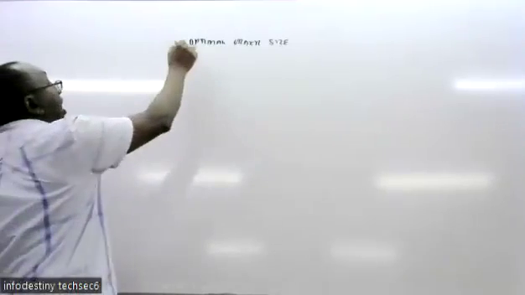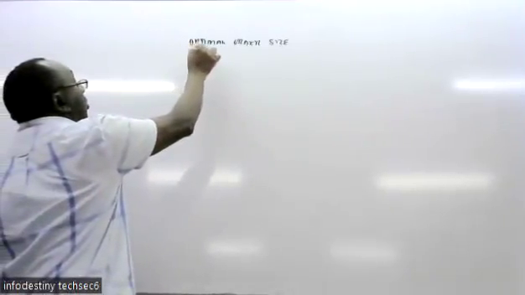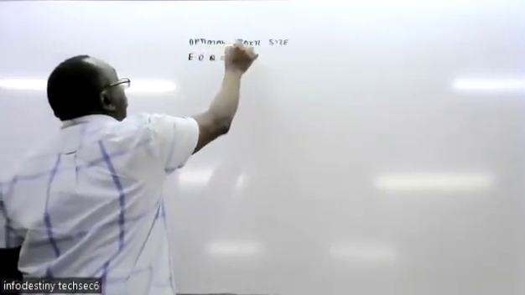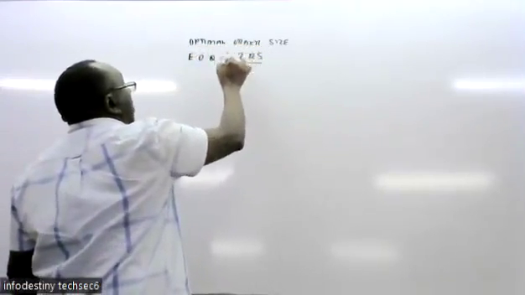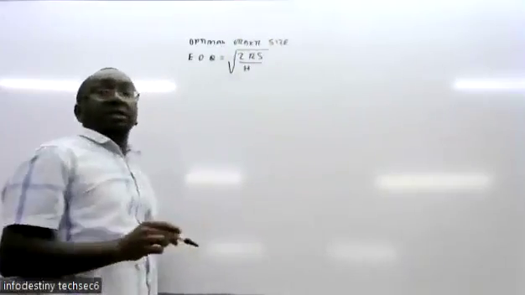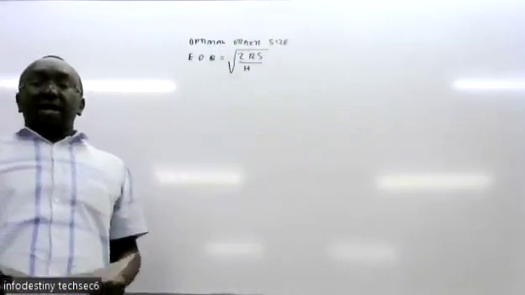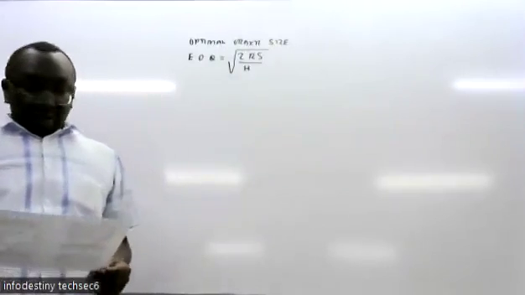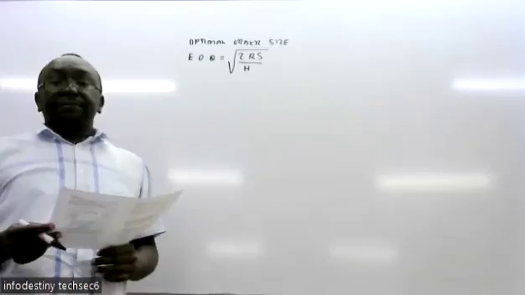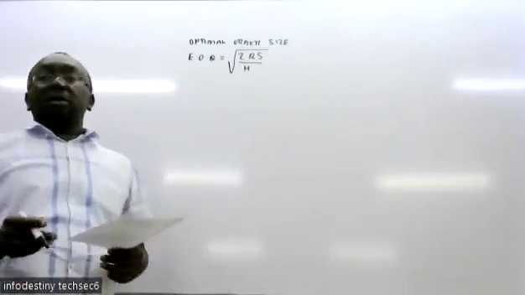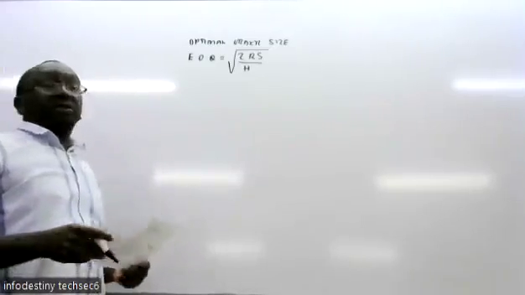And we say the formula is EOQ is the square root of 2RS out of H. That is the formula of getting the optimal order. So we need to identify those things.